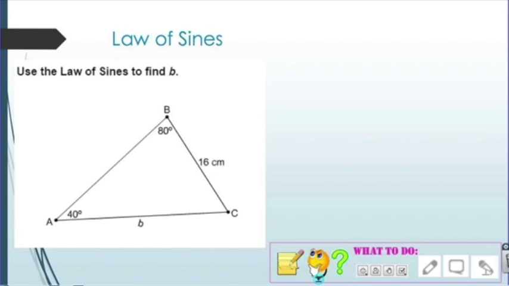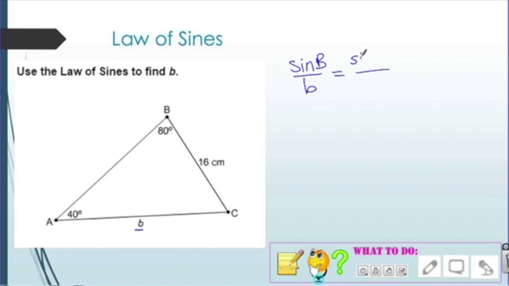So if we want to use the law of sines to find the length of side B, we will be using the sine of angle B, and we can set that up in a proportion with the information that we have.